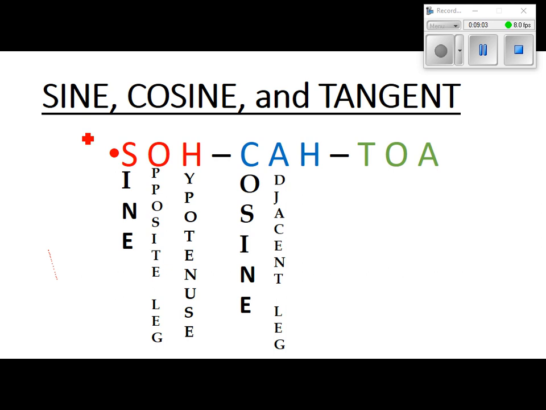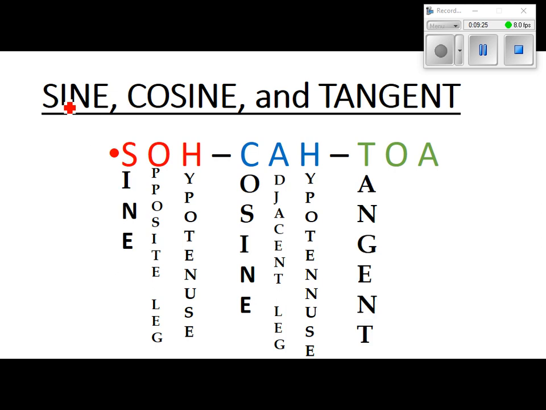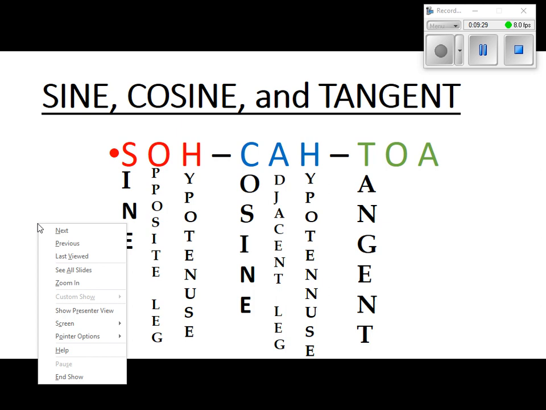So the cosine is the adjacent leg over the hypotenuse. You put the number that matches up for the adjacent leg over top of the hypotenuse as a fraction. The last three. Anybody guess what T stands for? Tangent. And then what's the O stand for? Opposite leg.